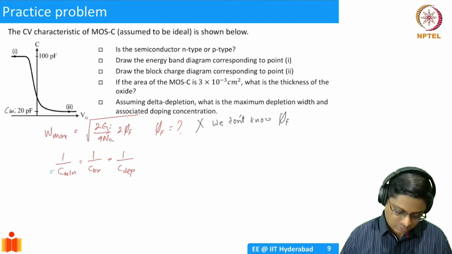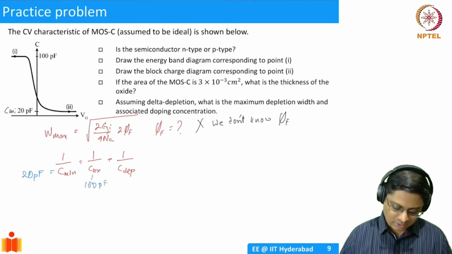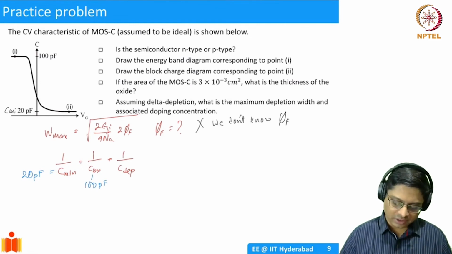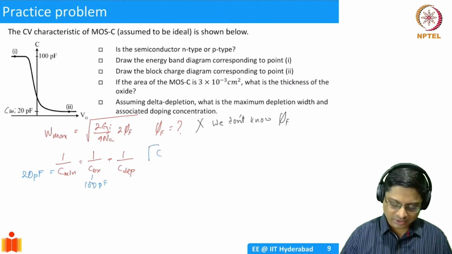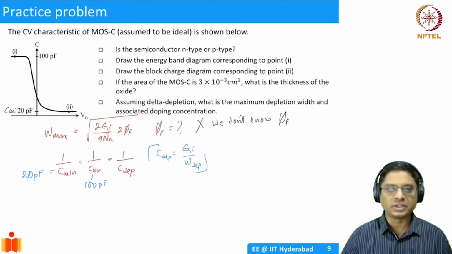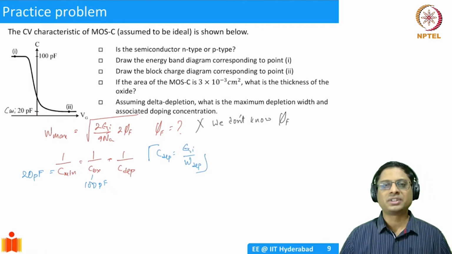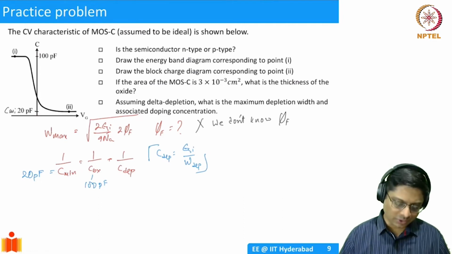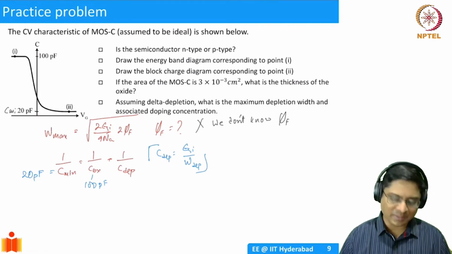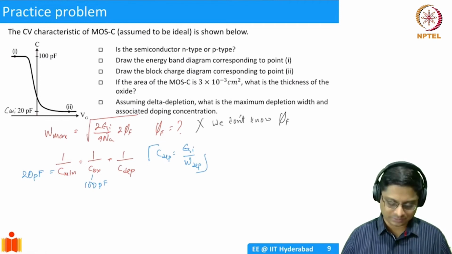This is equal to 20 picofarads. We know what is C ox, which is 100 picofarads, right? So we can find out what is C depletion. Once we know C depletion, we know that C depletion is equal to epsilon silicon by W depletion. We can use that and find the depletion width, right? When is the maximum depletion width? When it is in inversion. So of course that is going to be valid in this case, because C min is when you have the maximum depletion width.